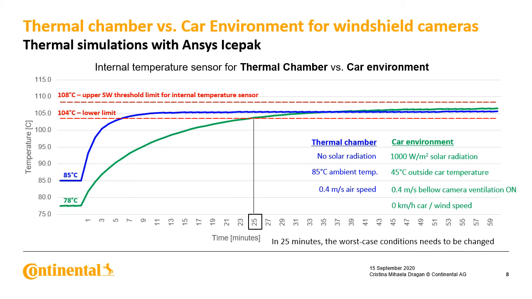By looking at this graphic, we understand that we have 25 minutes available to change these extreme car environment conditions, like for example, to have a real car speed, like 30 kilometers per hour.